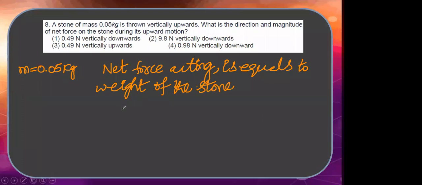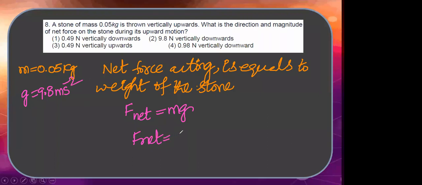F net is equal to M into G. We will take G as 9.8 meters per second square.